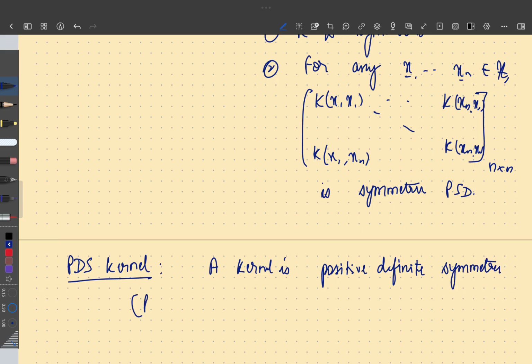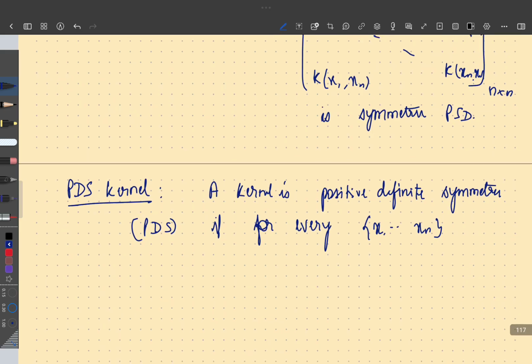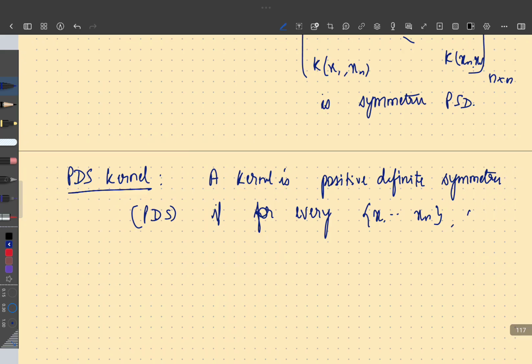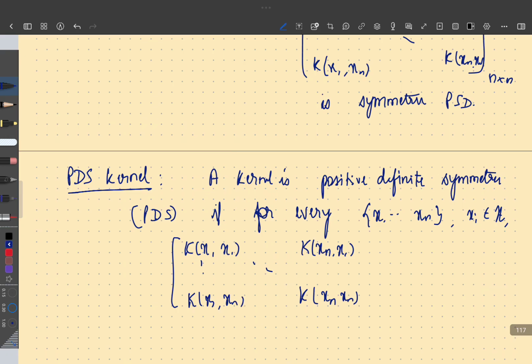We'll abbreviate that as PDS, if for every collection of points x1 through xn, this particular matrix k of x1 up to k of xn is symmetric positive semi-definite.